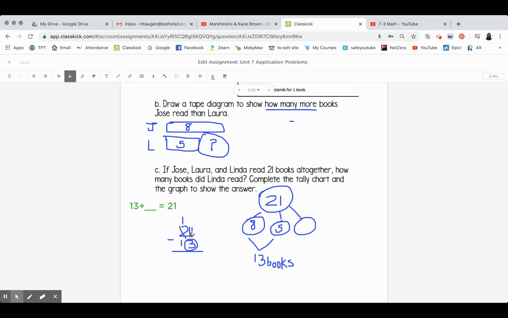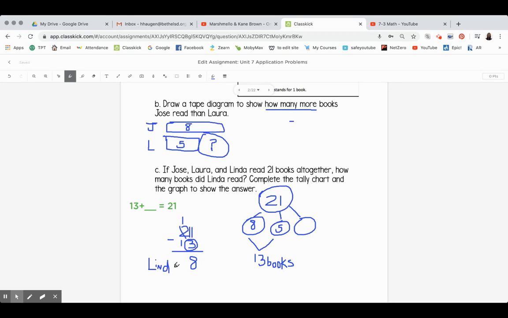Give 10. Now I have 11. So now that I have more on top, now I can subtract. In the ones place, 11 minus 3 is 8. And 1, take away 1, is 0. So I can leave that blank. So this 8 tells me that Linda, good for her, Linda read 8 books.